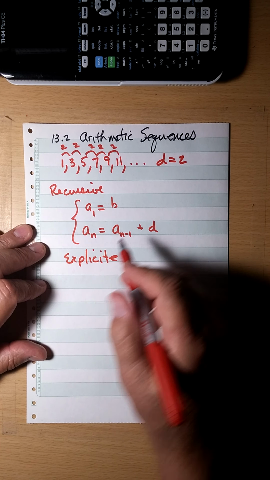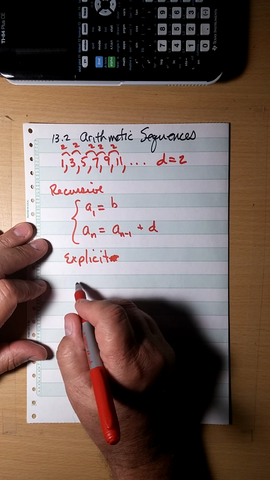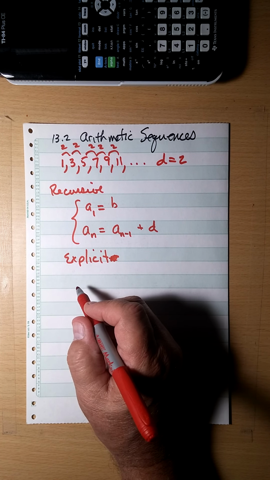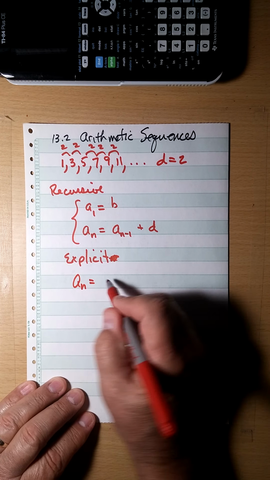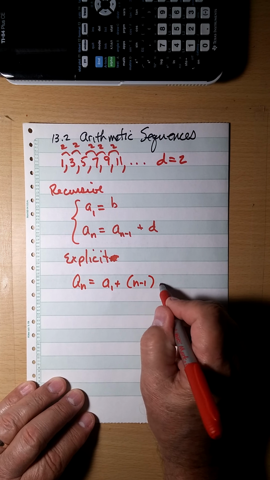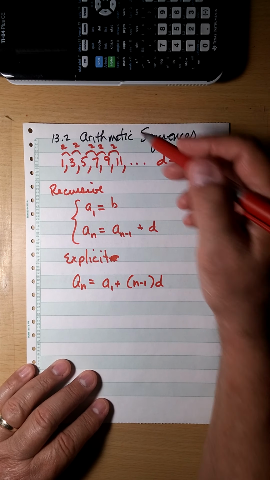The explicit formula is, now our book uses T's, A's, that's just A sub n. A sub n equals A sub 1 plus n minus 1 common differences. Does that really work?